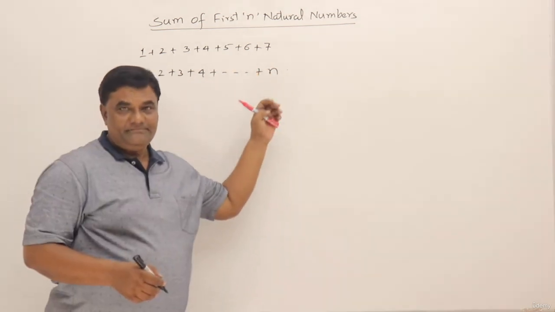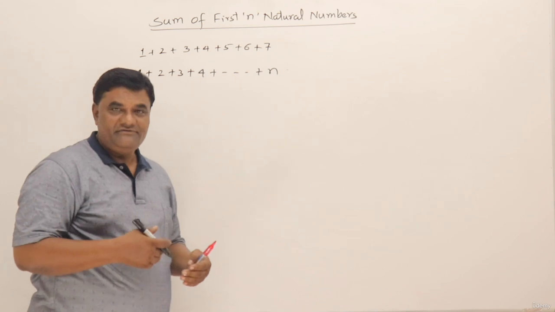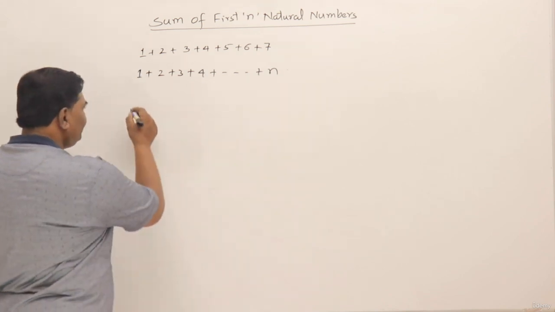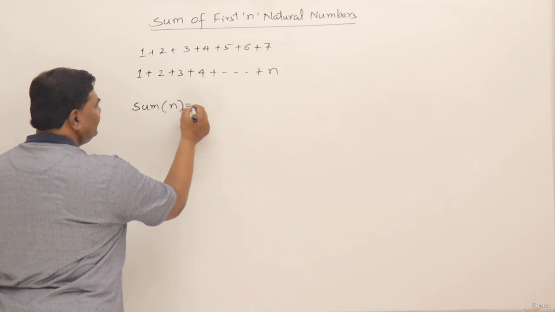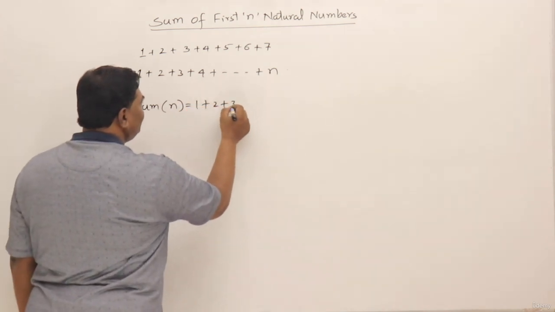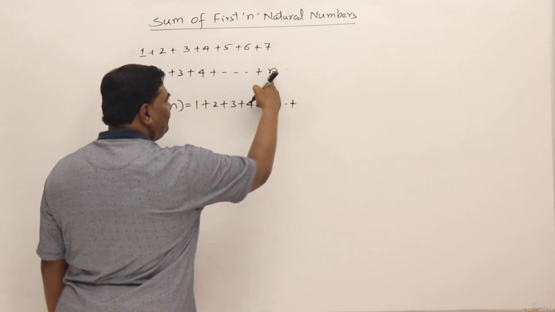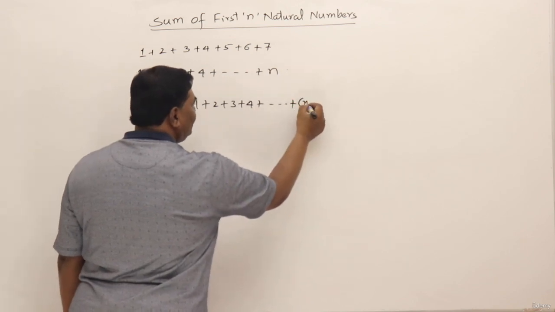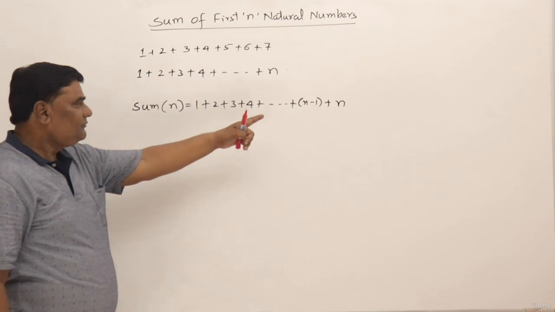It can be anything. Now for this summation, let us write a recursive definition. For the recursive definition, I will say the sum of n terms is 1 plus 2 plus 3 plus 4 plus, and it goes on. Before the nth term, there will be n minus 1, then n. So I have included one more, the second last term.